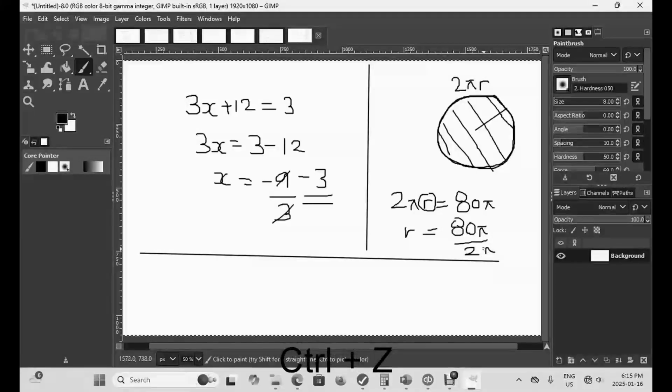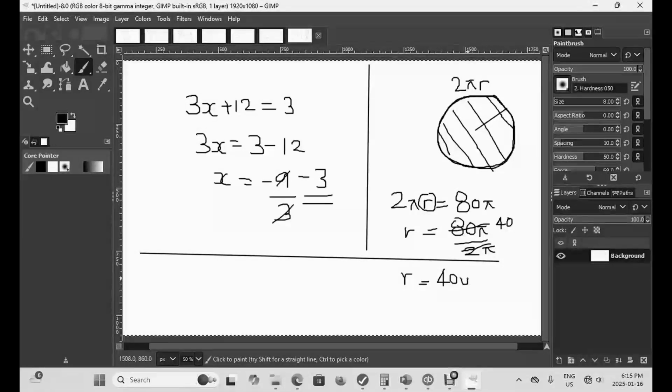Your r will be, 2 goes into 80 forty times, so this will be 40. So 40 units. R equals 40.